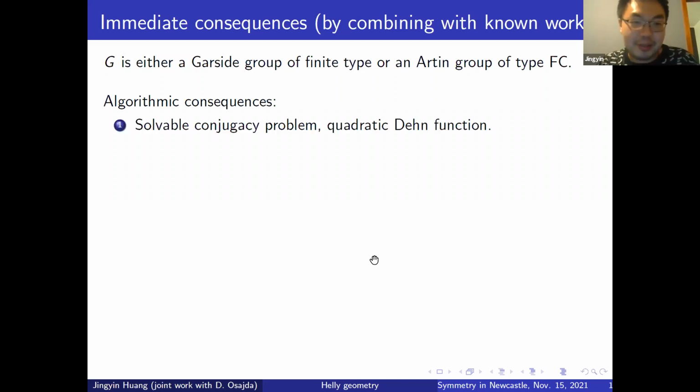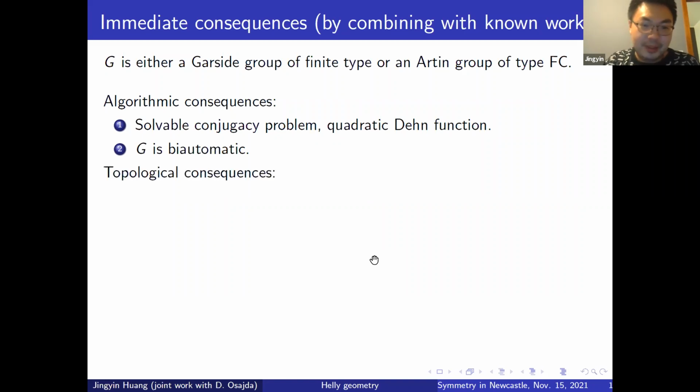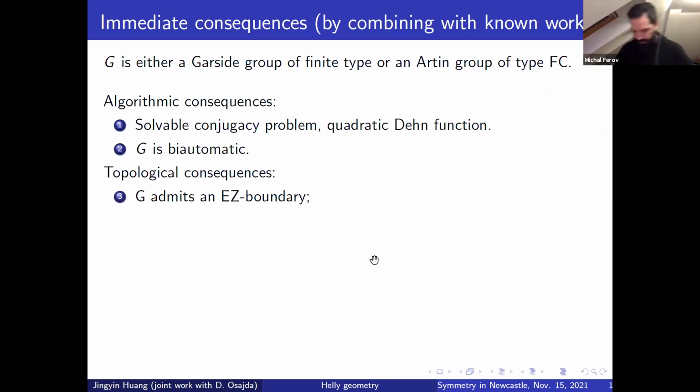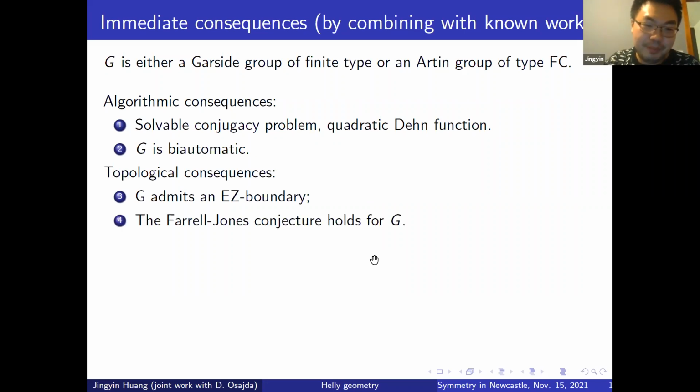First I have algorithmic consequences. We have the so-called conjugacy problem and the conjugacy function, which also implies the so-called word problem for all these groups. And then we also have biautomaticity for all the Artin groups of type FC. There are also some topological consequences: it admits an EZ boundary, which is some kind of very nice compactification of the group.